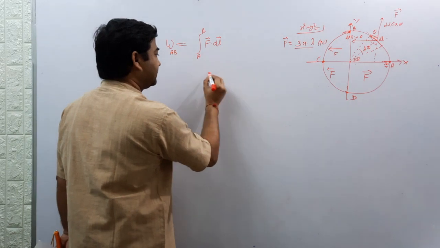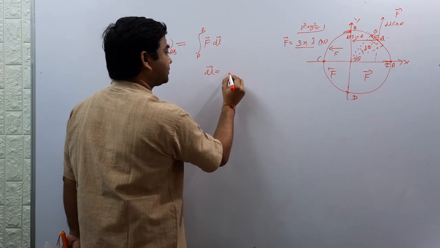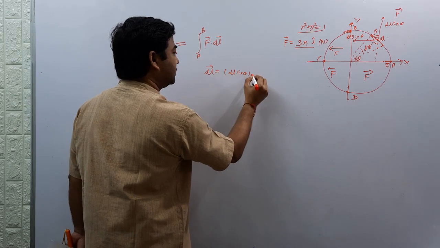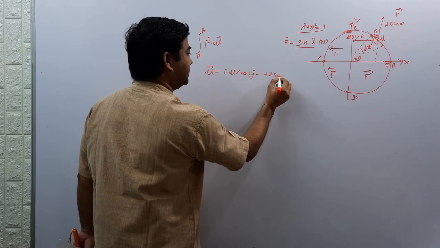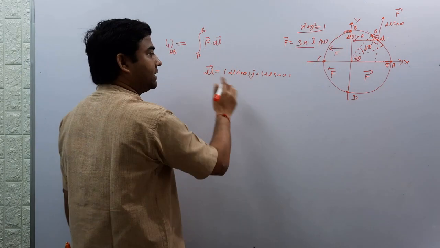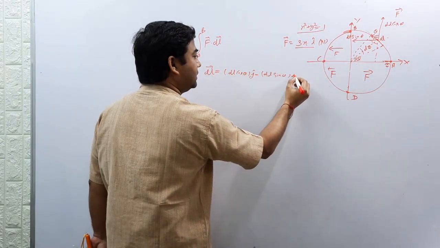So we can write vector dl is equal to dl cos theta j plus dl sin theta, but as the dl sin theta is in the negative direction, it will be negative: minus dl sin theta i.